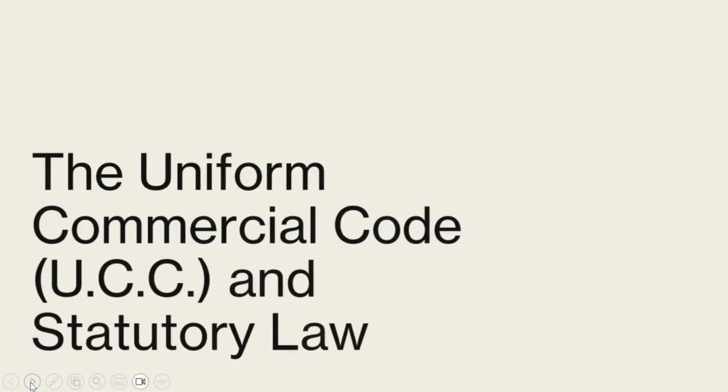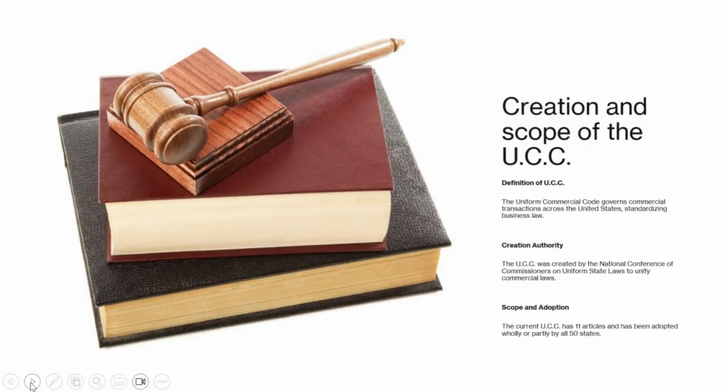The Uniform Commercial Code, which we refer to as the UCC, is essential to discover early in the learning of contracts, because it is part of statutory law. So the UCC, Uniform Commercial Code, governs commercial transactions across the United States.